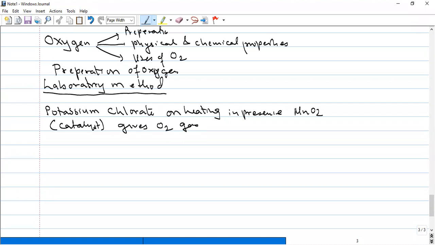Okay. So this is the first method, the laboratory method.